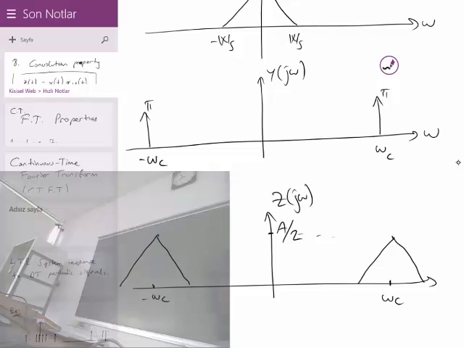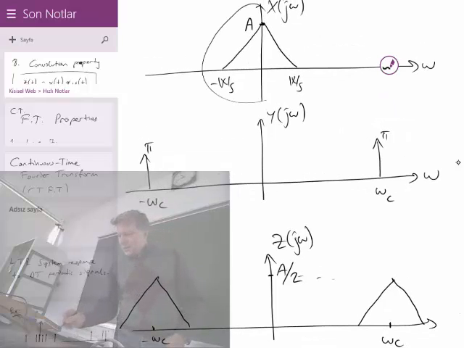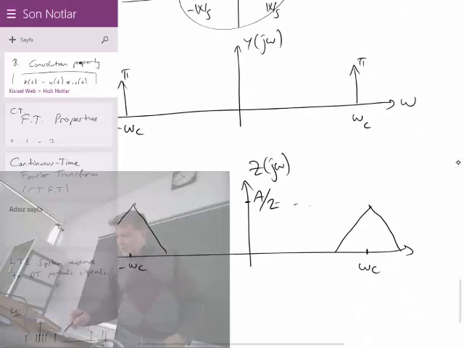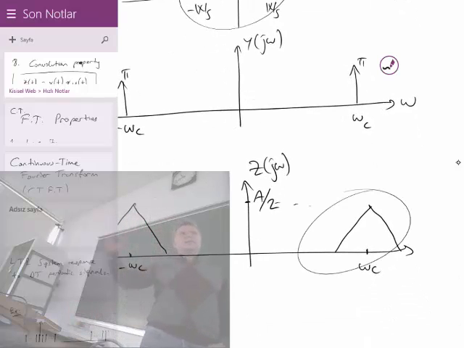Think of this part as the physical thing. The other one is just a mathematical conjugate. So my original signal was a baseband signal. Now my signal is this, which is high frequency, and it can go long distances. That is called modulation, if omega c is a high frequency. So it can go long distances.